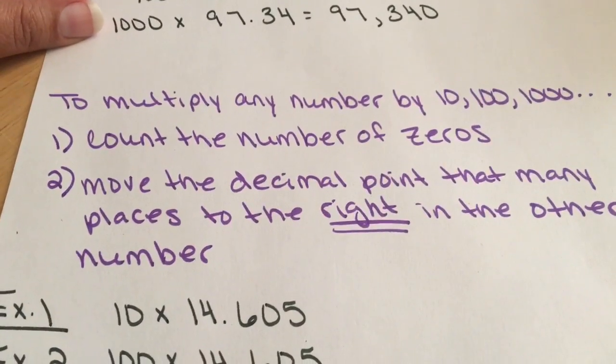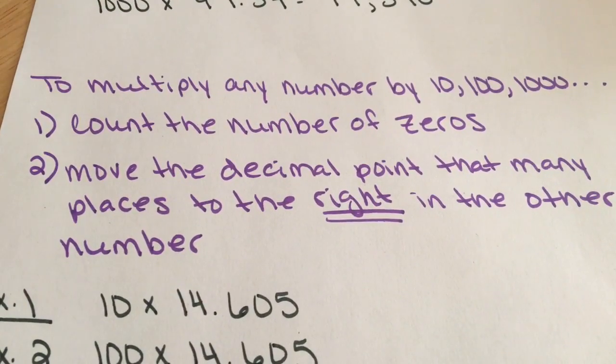To multiply any number by 10, hundreds, thousands, and so on, first step, count the number of zeros this time, not decimal places, zeros. And step 2, move the decimal point that many places to the right in the other number. So when we had small powers of 10, we did count the decimal places.